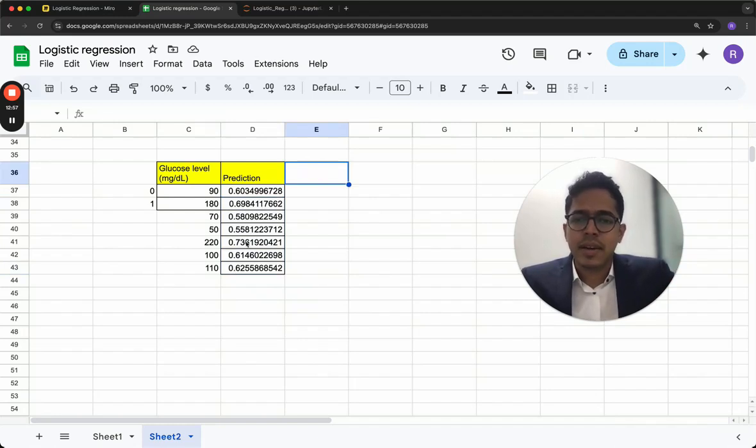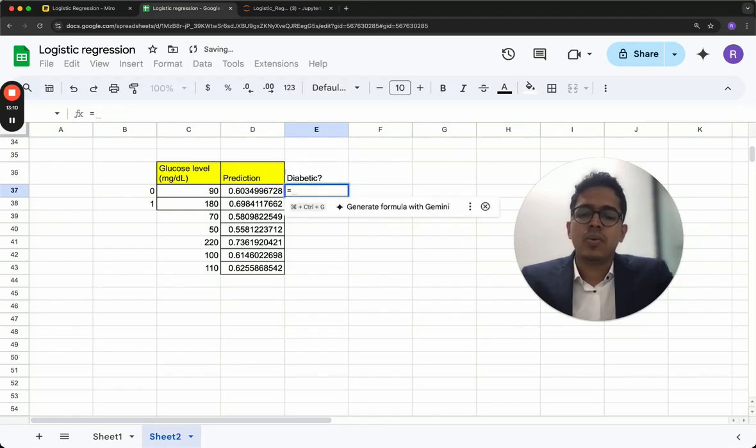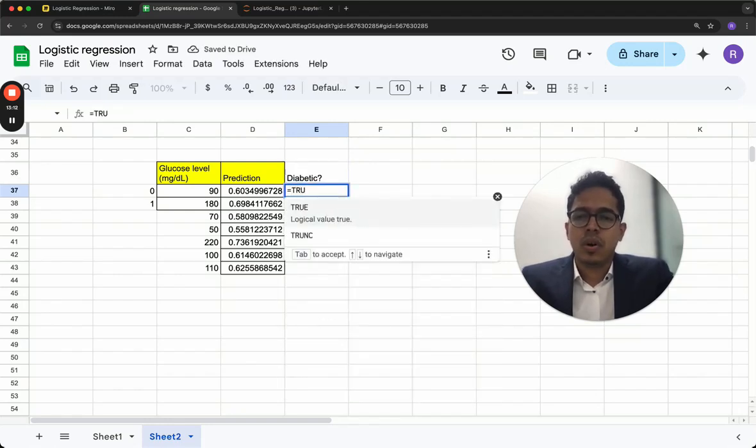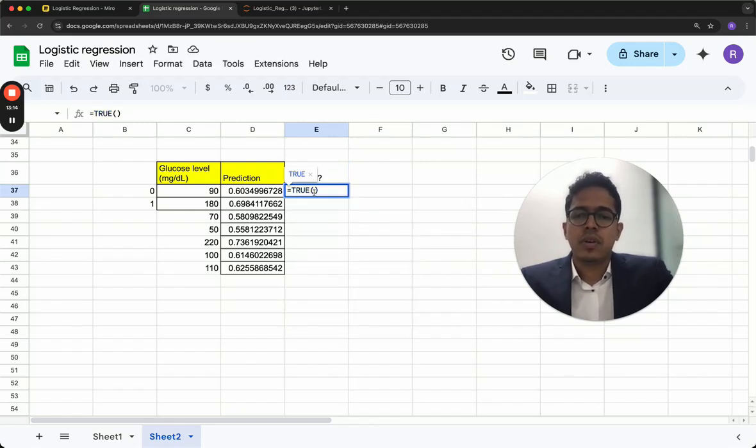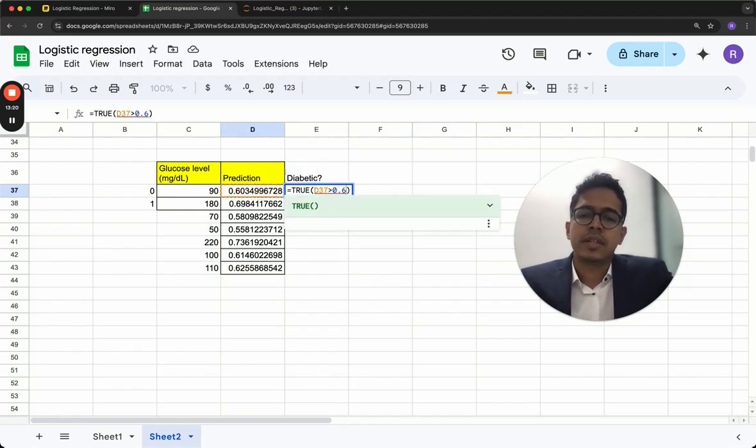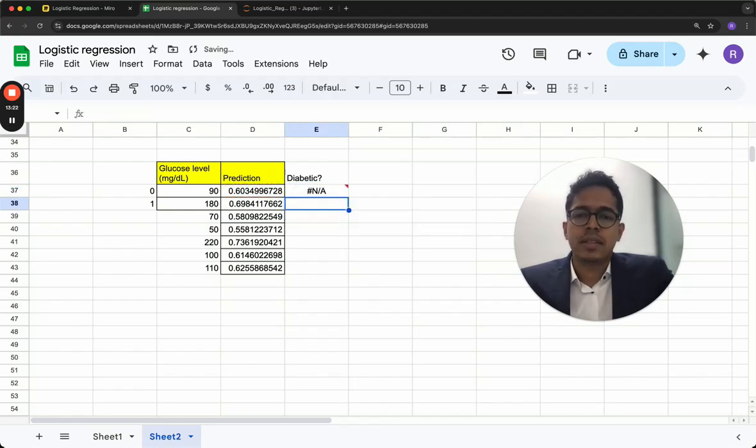Here, one thing that definitely makes sense is if the value of logistic regression is high, it corresponds to a high value of glucose, so diabetic. So IF this is greater than, let's say, 0.6, then it's diabetic, let's say. Okay, I guess there is something.